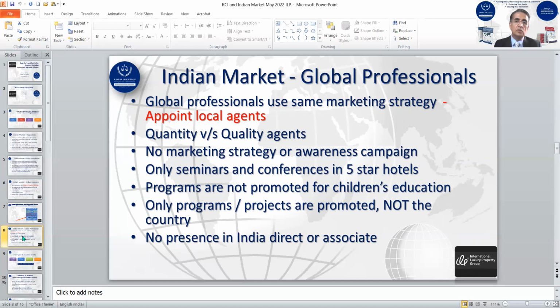The other problem we see with global professionals who wish to enter the Indian market is that there's no marketing strategy or awareness campaign being done. They just want to come here, appoint an agent and say, get us a client. It's only seminars and conferences done in 5-star hotels.